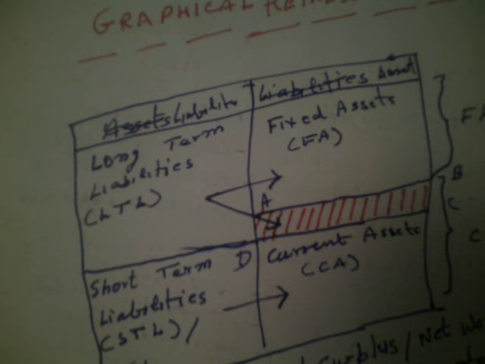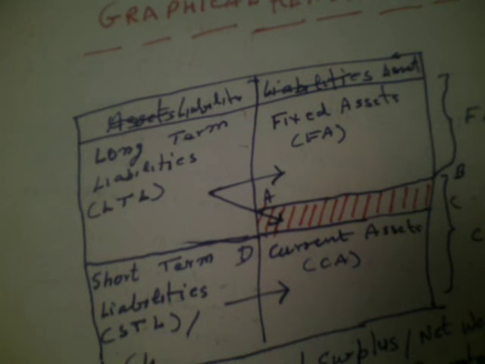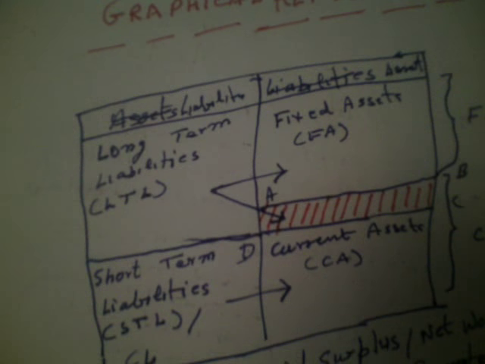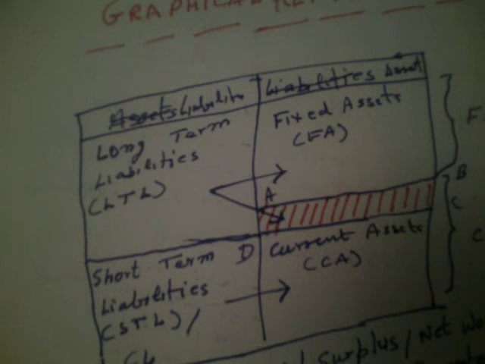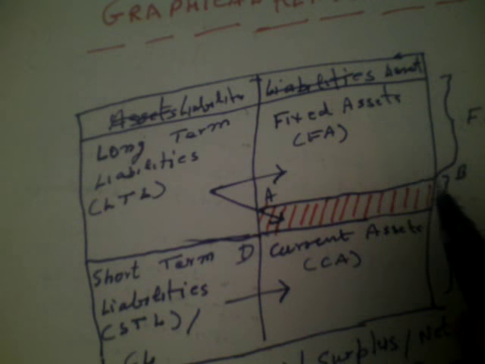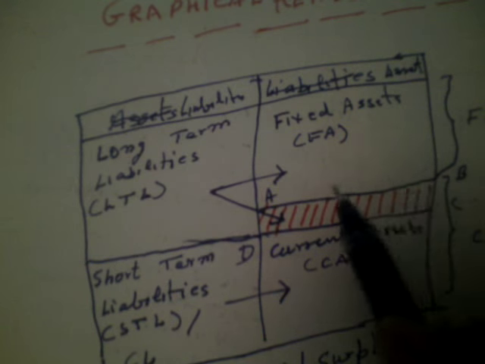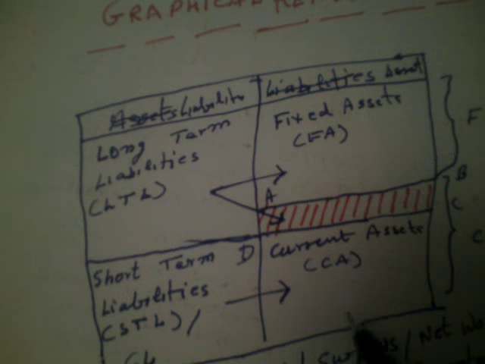Short-term liabilities are also known as current liabilities. Then on the asset side, there are fixed assets, FA, and current assets. Non-current assets are also included in current assets. So this is just a graphical representation of this.